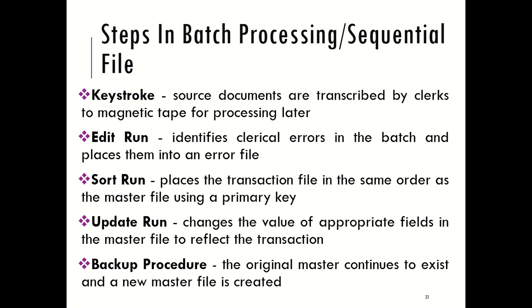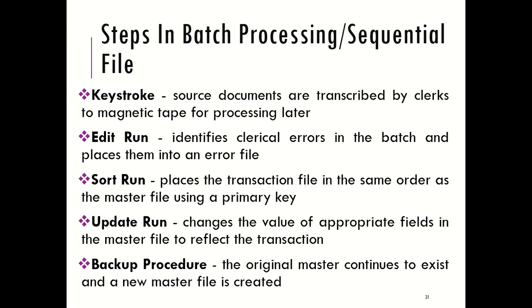Now, you may wonder where this is. Actually, it's in the appendix of our book, so you can check it. I just incorporated these steps in batch processing. From the keystroke, there is an edit run, then a sort run, then an update run, then the backup procedure.